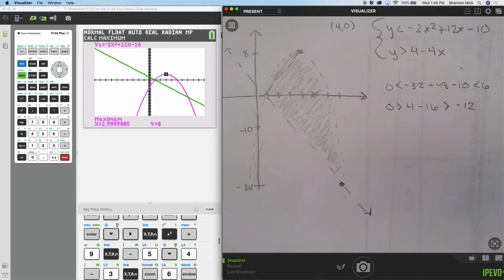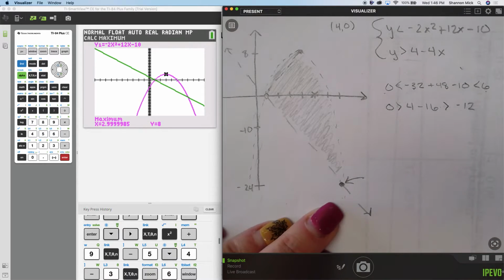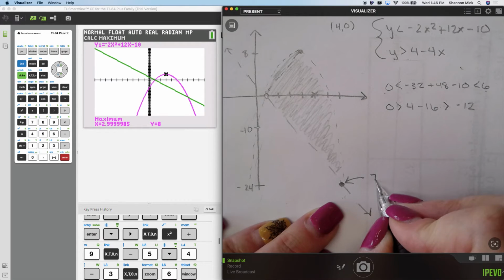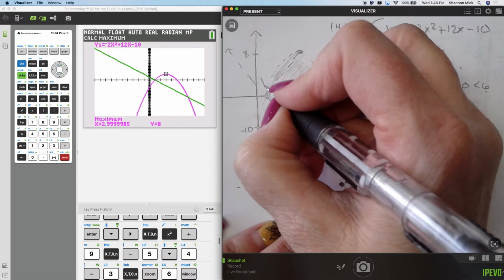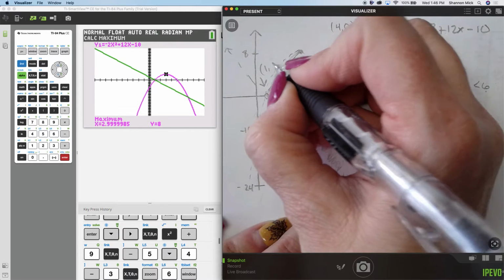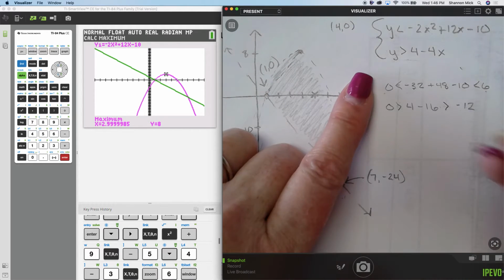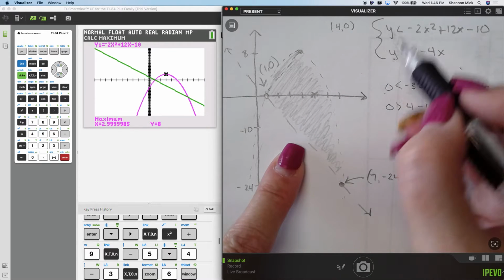I've got lots of examples like that. Remember this point was what? 7, negative 24. And this point was 1, 0. So this whole picture is my answer to this, correct?